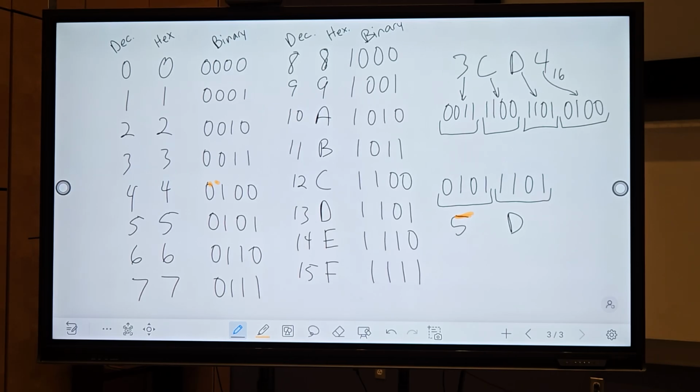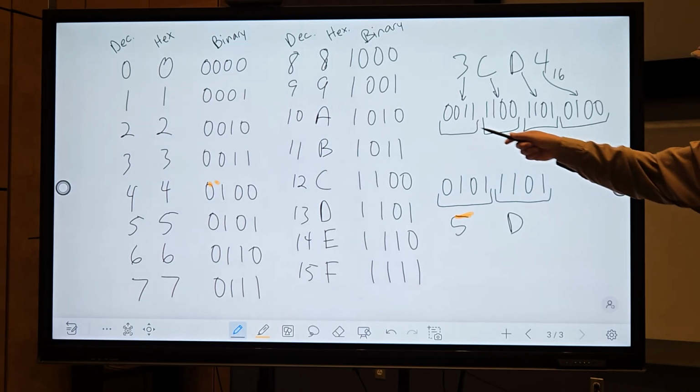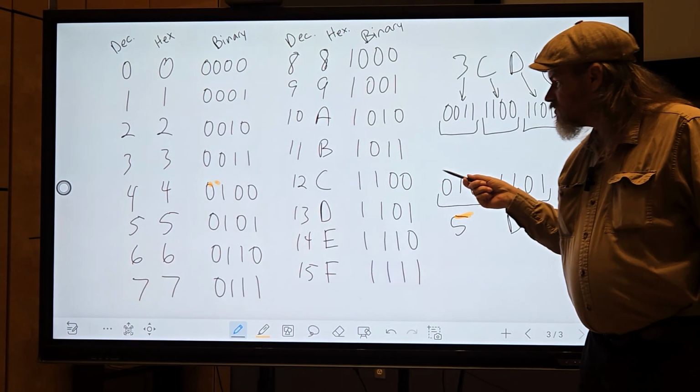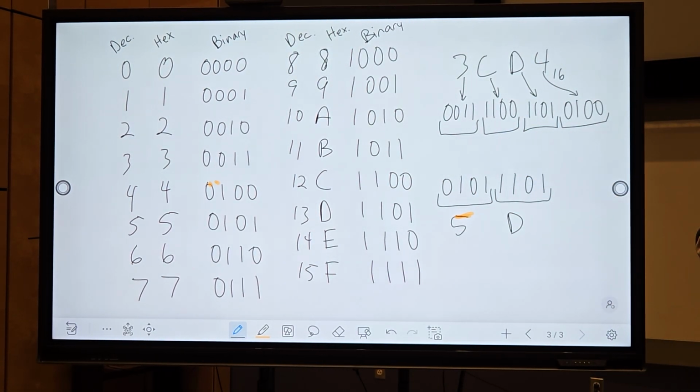So if you find converting a number from decimal to binary easier than decimal to hexadecimal, which I personally do, you can convert it to binary and then do the simple substitution and get the hexadecimal.